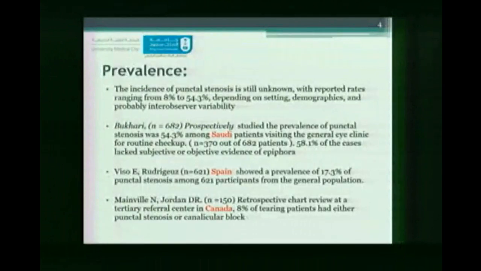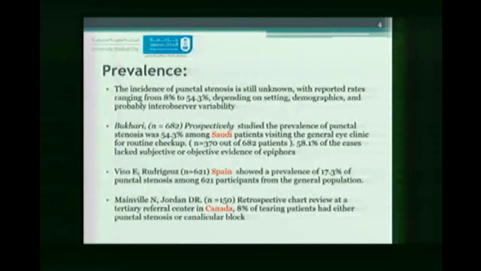What's the prevalence of this disease? Again, it's variable. It's still unknown, with reported rates ranging between 8 and 54%, depending on the settings, demographics, and probably the inter-observer variability.